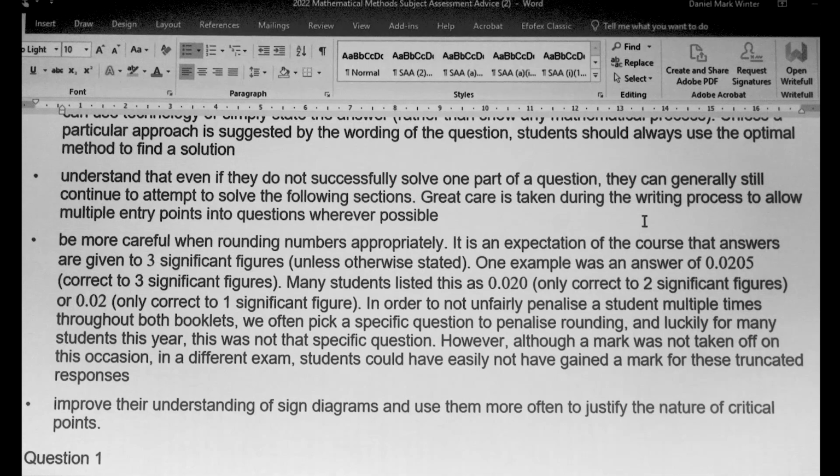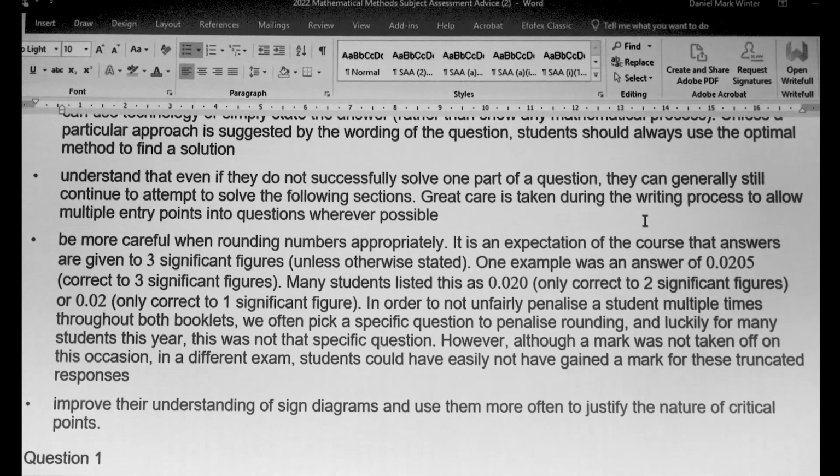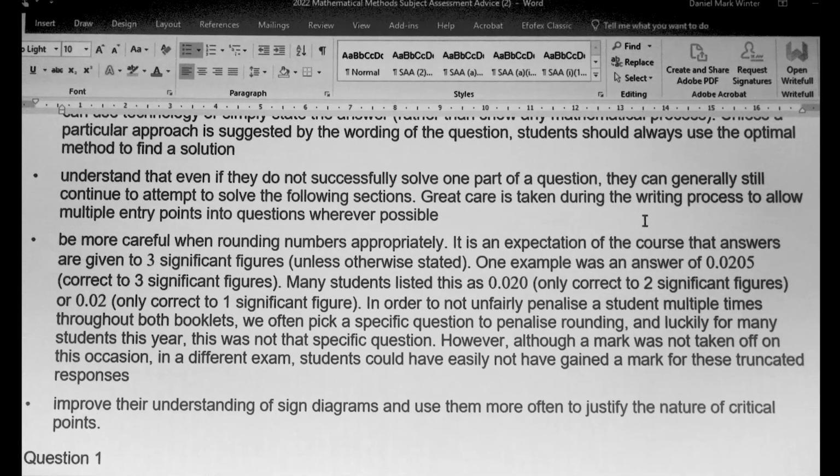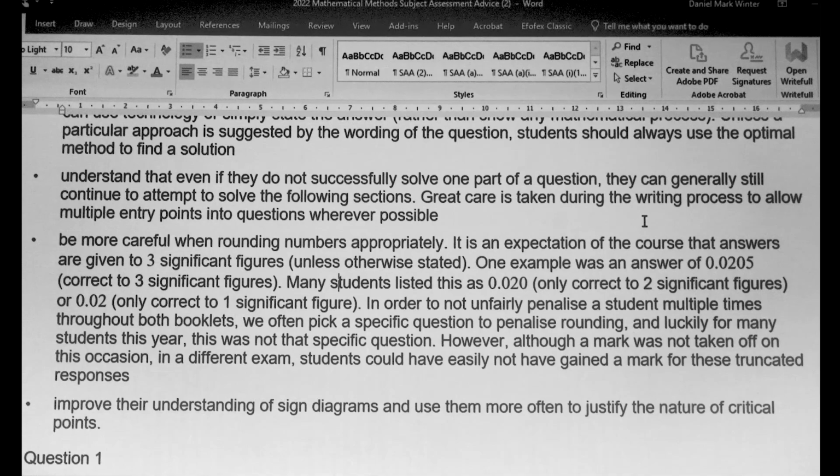So train your kids to keep looking for ways to get back into a question even if they're not sure how to do earlier bits, and that they can use the information given in the earlier bits to help them with the later bits. That seemed to work quite well last year. Lots of students seemed to go the whole way through the paper. They might not have got everything right, but they were actually having a go at everything even if they couldn't get earlier parts. So it's good.